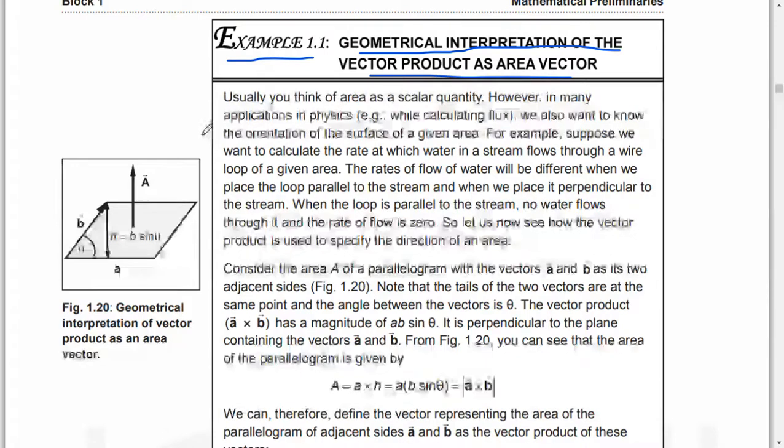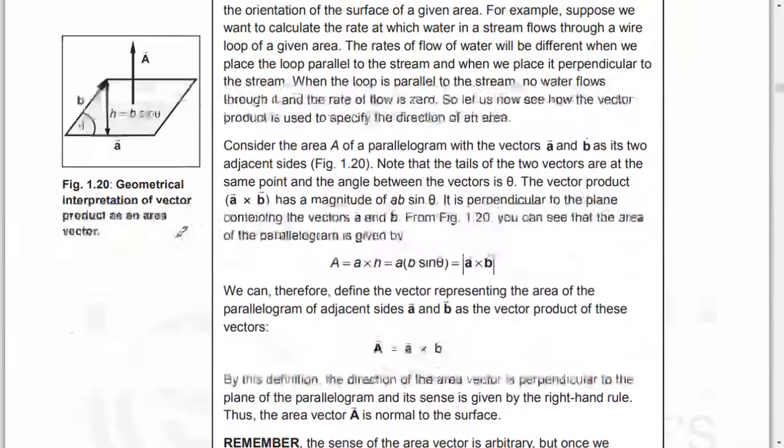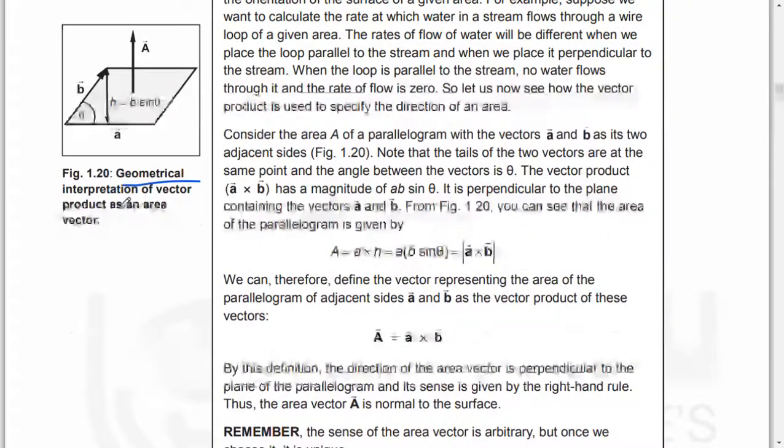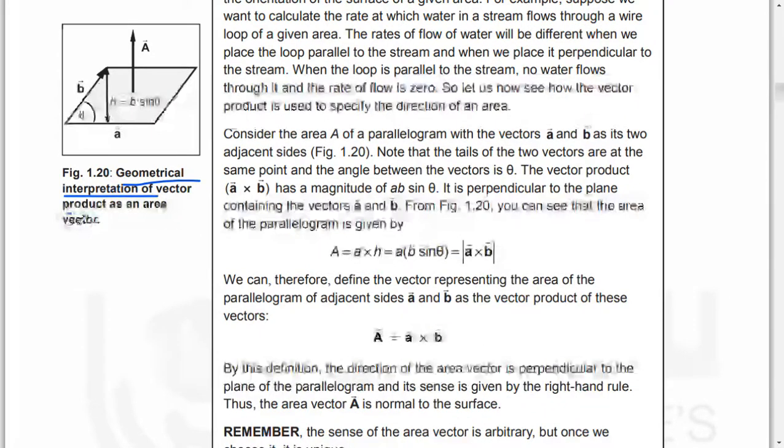So let us now see how the vector product is used to specify the direction of an area. Geometrical interpretation of the vector product as an area vector. Figure: A, B, h equal to B sine theta, theta.